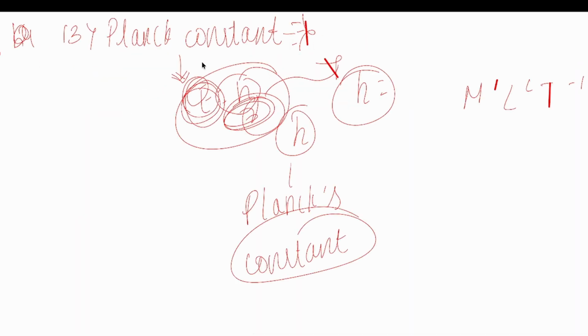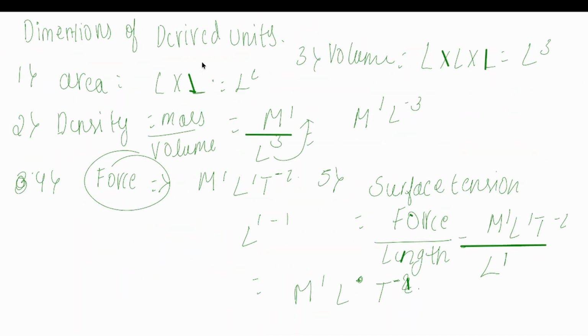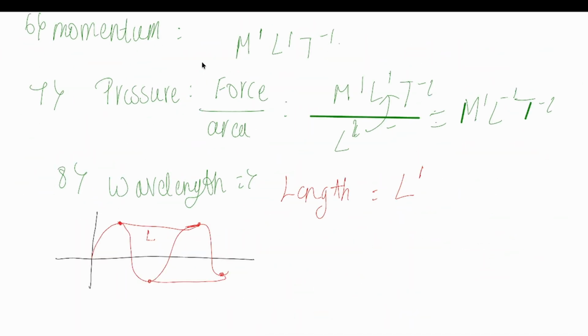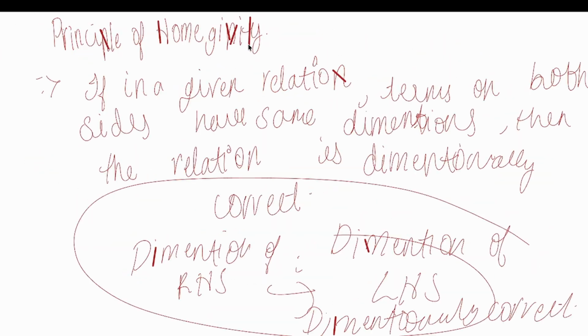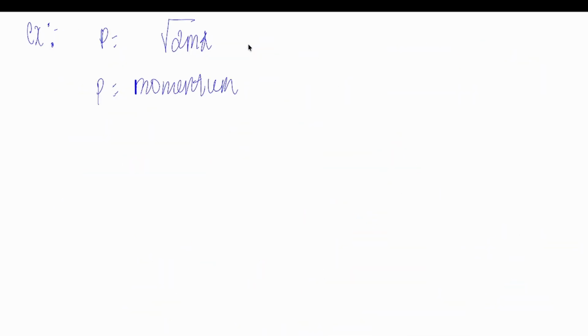Let's go back to the previous slides to see the dimensional formula of momentum, which is M power 1 L power 1 T power minus 1. So the dimension of momentum is M power 1 L power 1 T power minus 1. Now the root of 2mK.